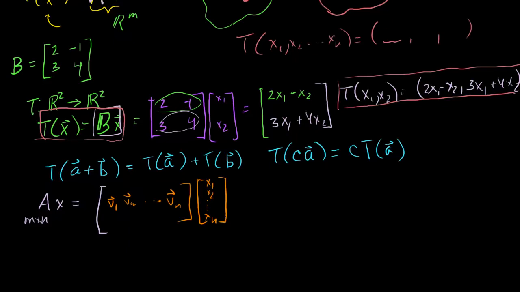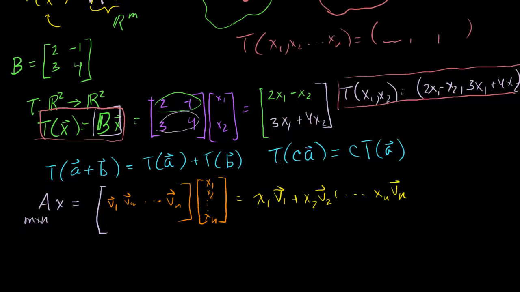We've seen this multiple times before. By the definition of matrix vector multiplication, this is equal to x1 times v1, this scalar times that vector, plus x2 times v2, all the way to plus xn times vn.